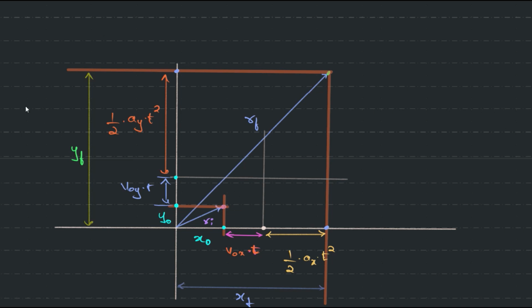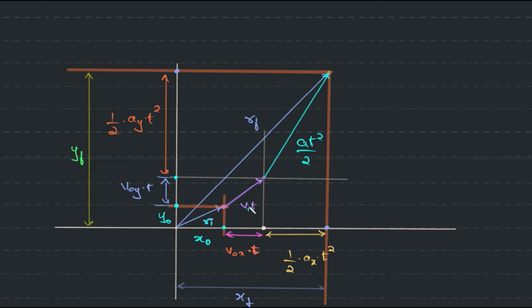This part, let me keep it light itself. This part, no, I can't do that. This vector gives your vt. And finally, we have this part, which is because of at square by 2. So r initial, vt and at square by 2.